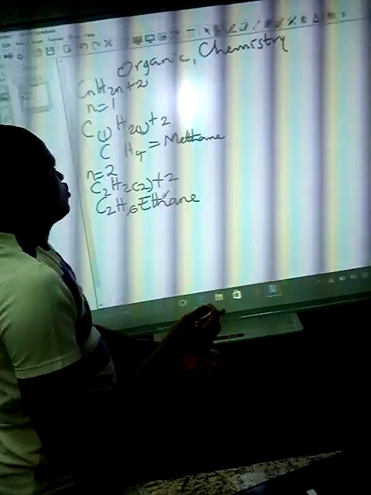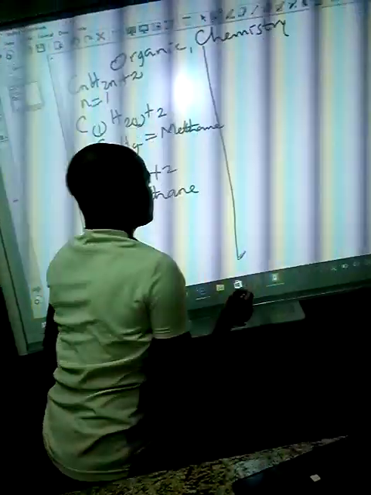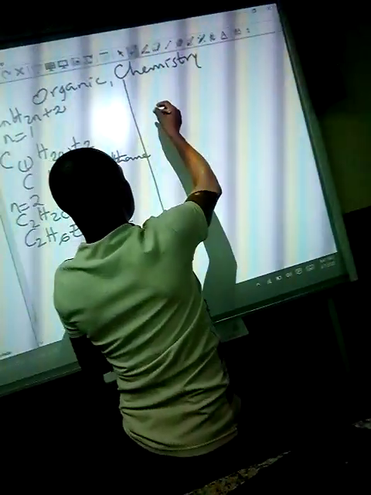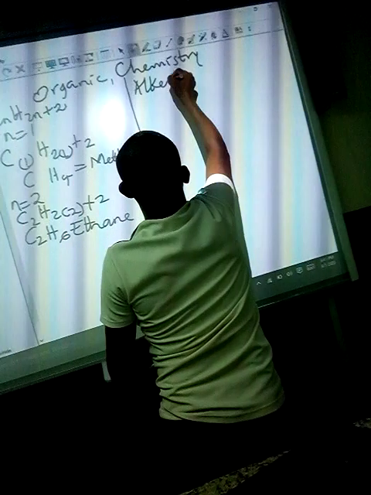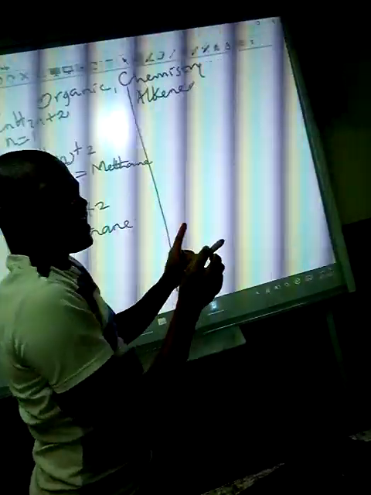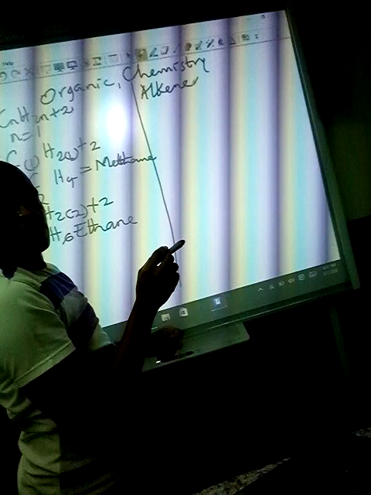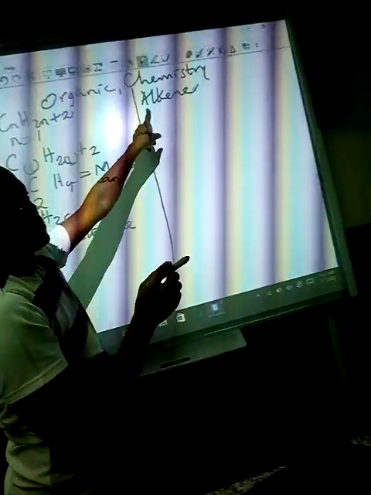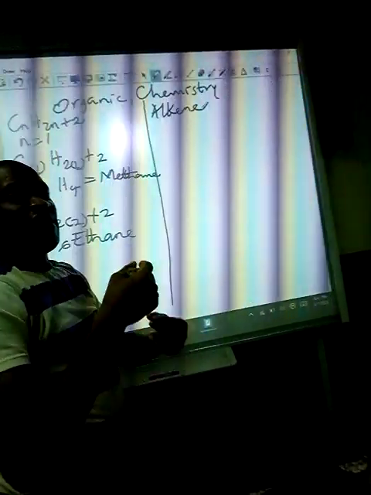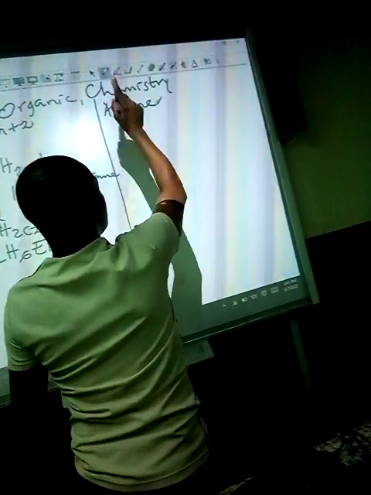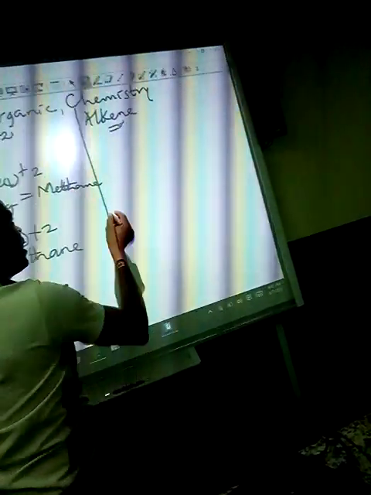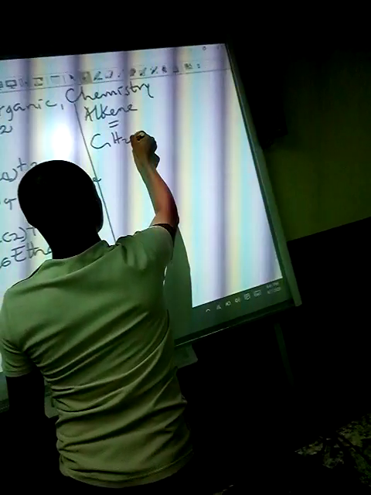We have methane, but the truth remains that alkenes do not have a single bond. They do not have the first member, methane, because they have a double bond, and the formula is CnH2n.